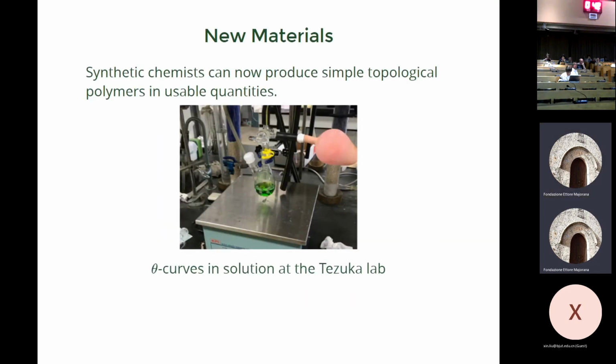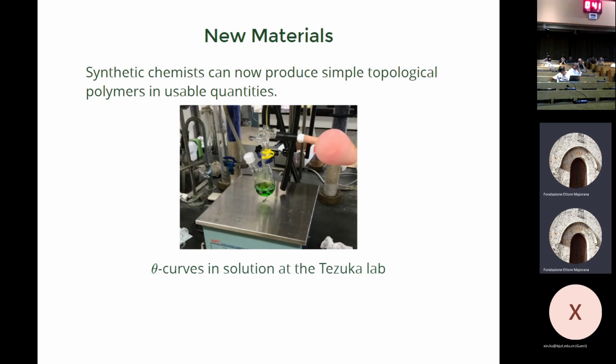But in material science, there's a bunch of synthetic chemists who are interested in whether we can synthesize relatively small topological polymers where we can control the topology. And then the idea is the topology will control the material properties. Of course, the properties of a material come from lots of different sources, but does the topology give you something with the material properties as well?